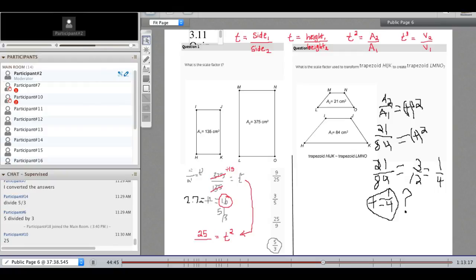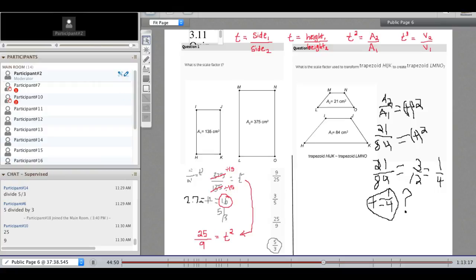And then do the same thing in the bottom. Divide 135 by 15, and you get 9. And then you can square root, and because 5 times 5 is 25, the square root of 25 is 5. And the square root of 9 is, because 3 times 3 is 9, the square root of 9 is 3.